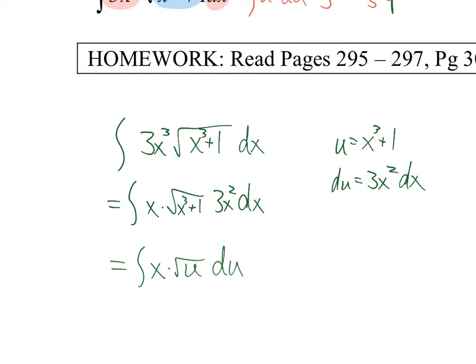Now there are ways that we could handle it eventually to be able to integrate, but for right now we'd be stuck. Okay, but that's the key. You have to match up everything else inside with your du to substitute out all the x's completely. Okay? Alright? Good.